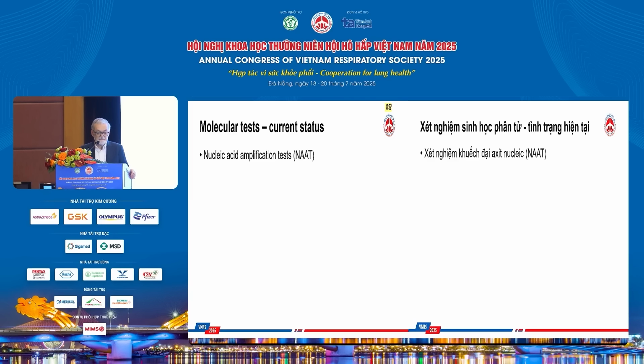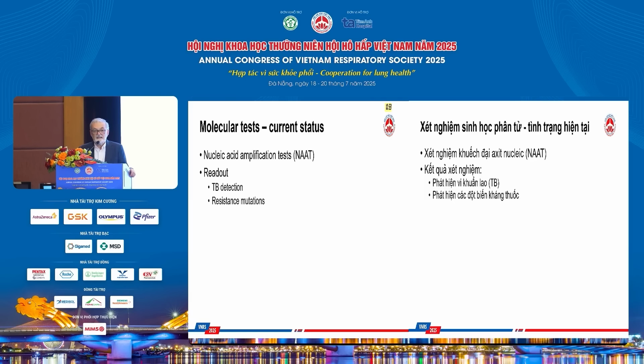There are usually two readouts, two reports that we get when we perform a nucleic acid amplification test on a specimen, usually a sputum.